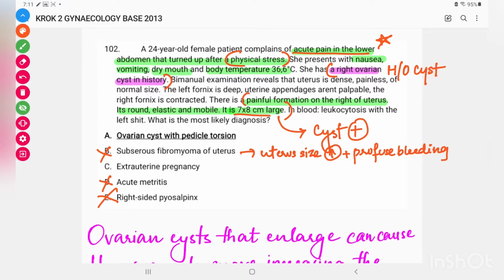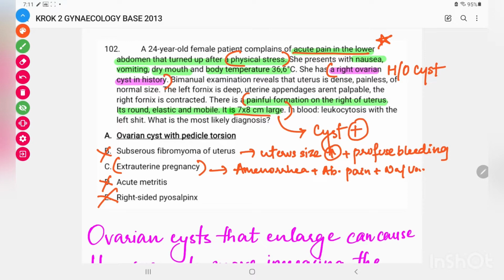There is a more chance that we can have a thought like, why is it not extrauterine pregnancy or ectopic pregnancy? See, for ectopic pregnancy, there should be amenorrhea, abdominal pain, nausea, vomiting, and all. So again in question, nausea, vomiting, abdominal pain, everything is mentioned.